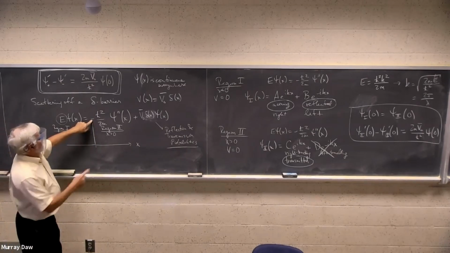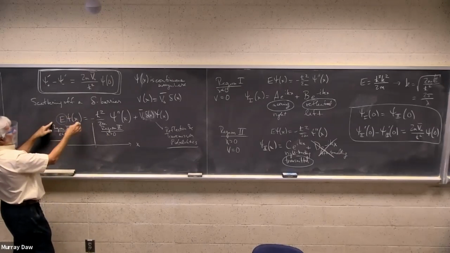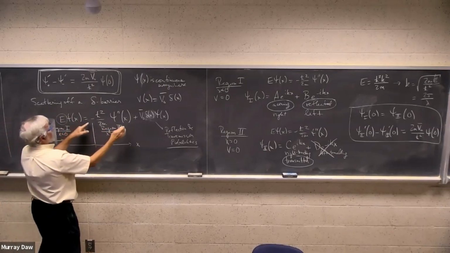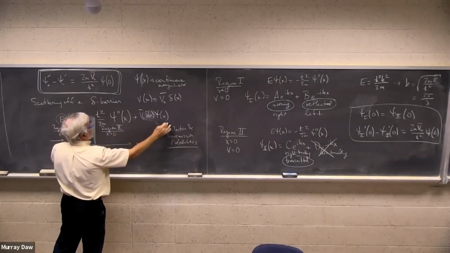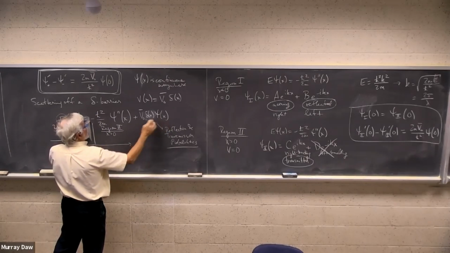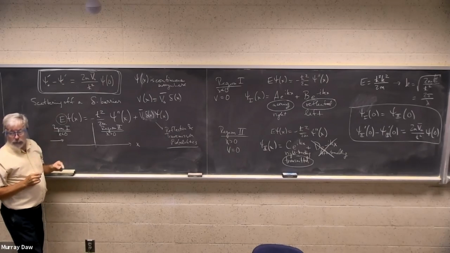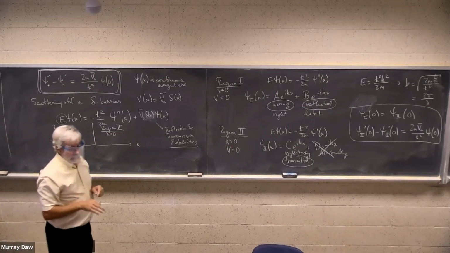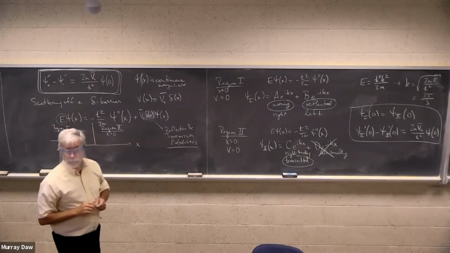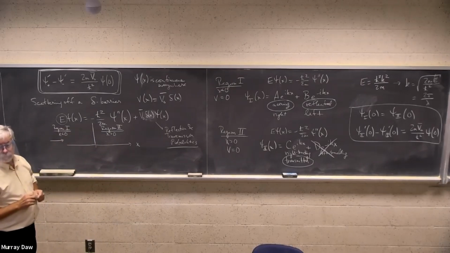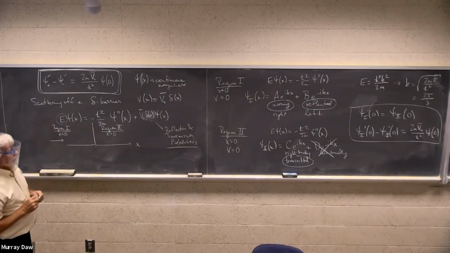And this was 0. When we integrated, we get 0 on the left-hand side. We have this negative sign here, and then we have the V naught psi of 0. And so we bring this over to the right-hand side. Oh, so the negative sign is correct. Okay. Check that in the book also, when you're going through it. This is correct.